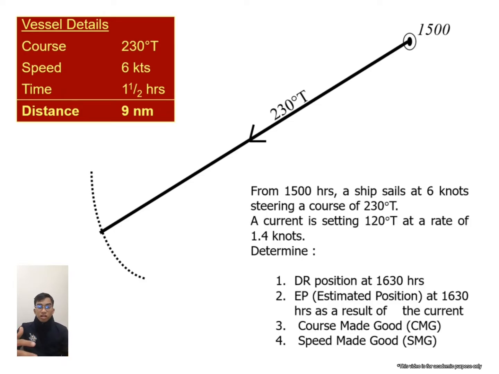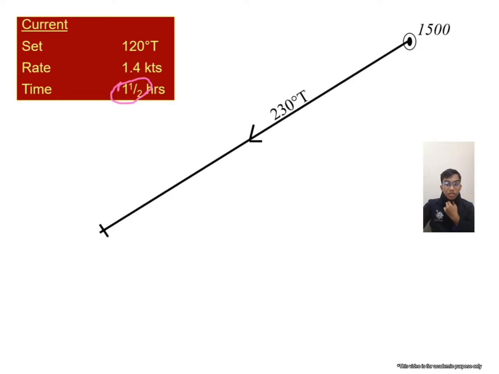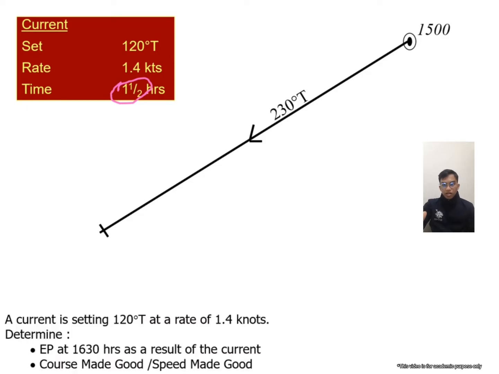You can measure 9 nautical miles on your compass and draw an arc. The arc and the course steered line, wherever they intersect, is the dead reckoning position, which is denoted by a cross or a plus sign.